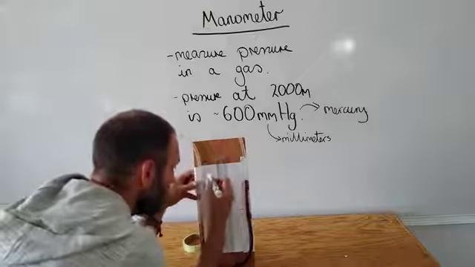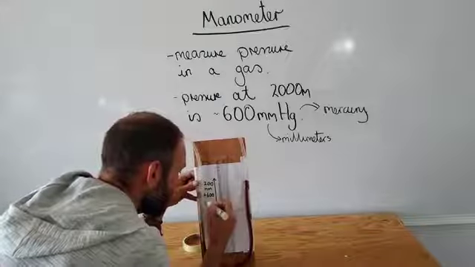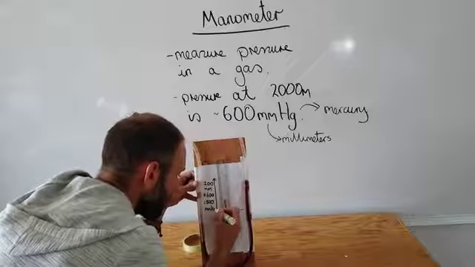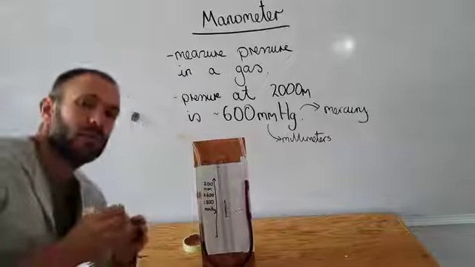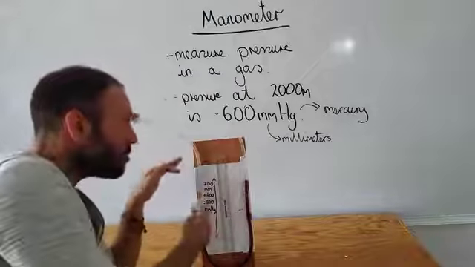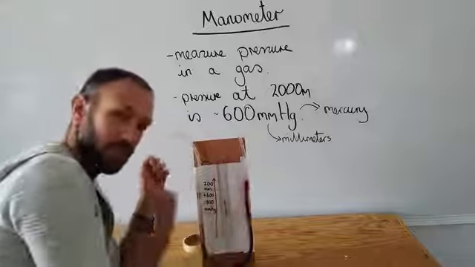So we add that to our 600. So the pressure is 800 millimetres of mercury. It's more than atmospheric pressure here because it's fighting against it, it's pushing it.